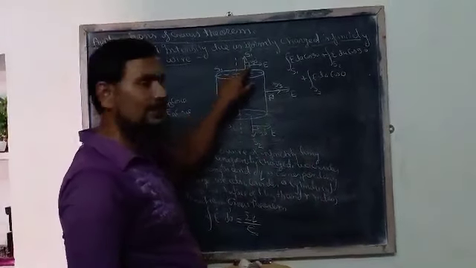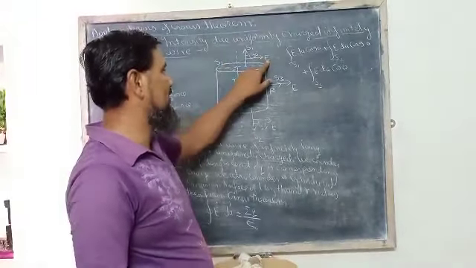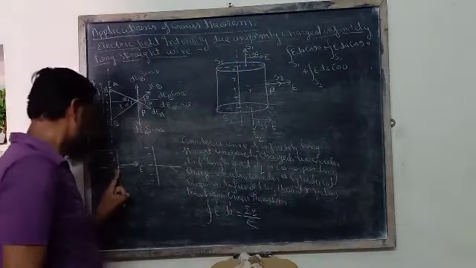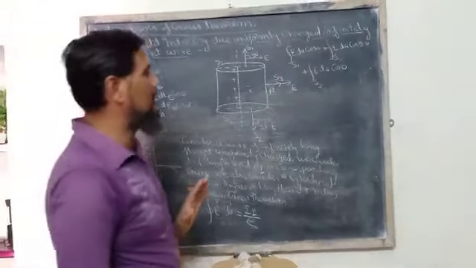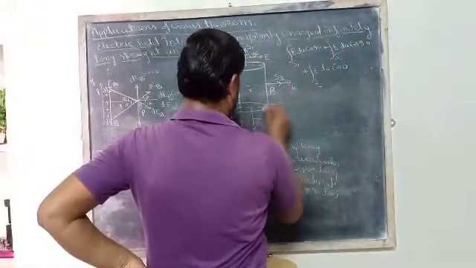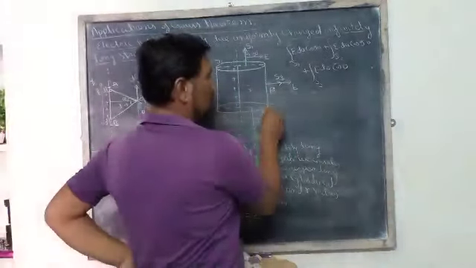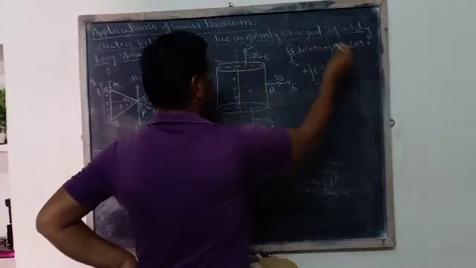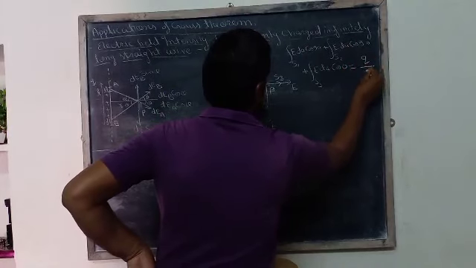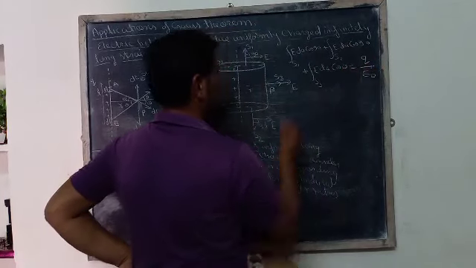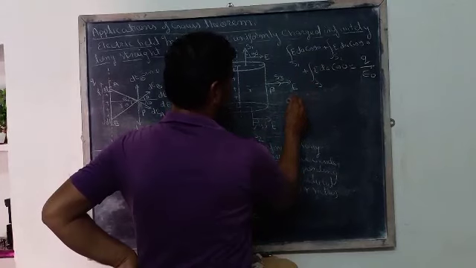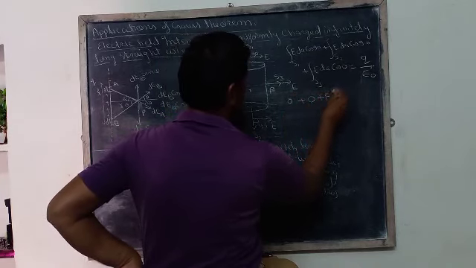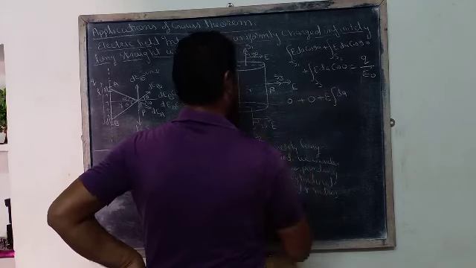Here for surface S1, the angle between the surface and the electric field intensity is 90 degrees, because the electric field intensity is always perpendicular to the wire. The charge enclosed by the L length of the wire will be Q upon epsilon.